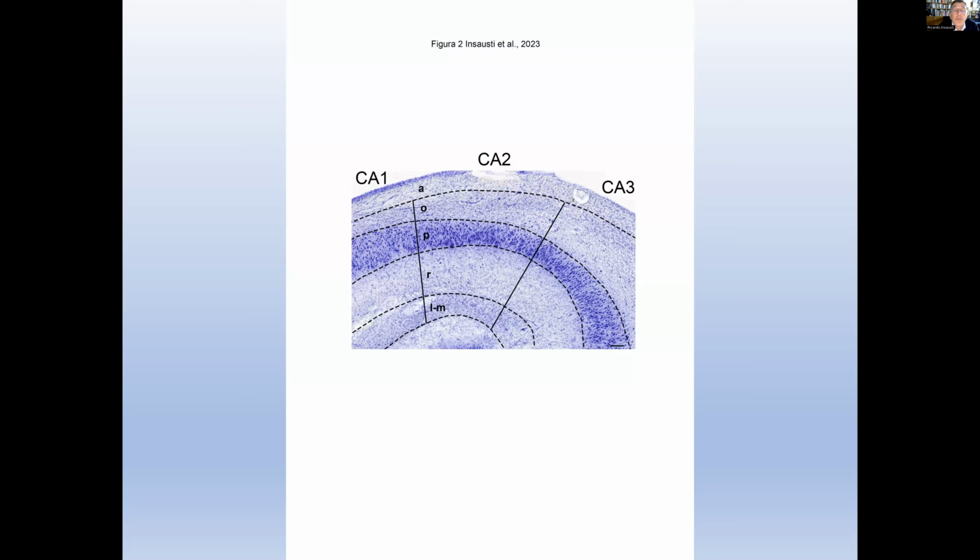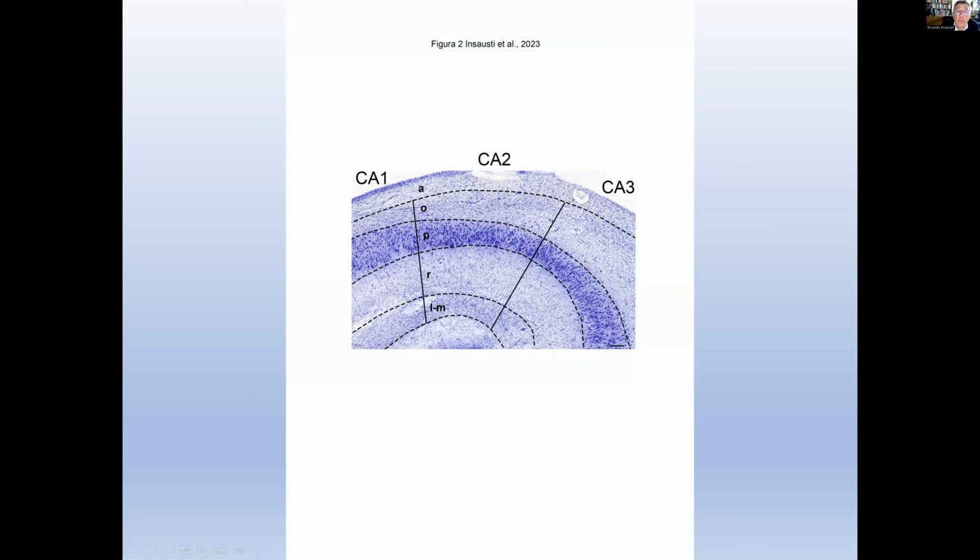So we move specifically to the region of interest, and we can see a section stained with Nissl of the human hippocampus, showing the different strata at the CA2 level, which is exactly similar to the other CA1 fields of the hippocampus.